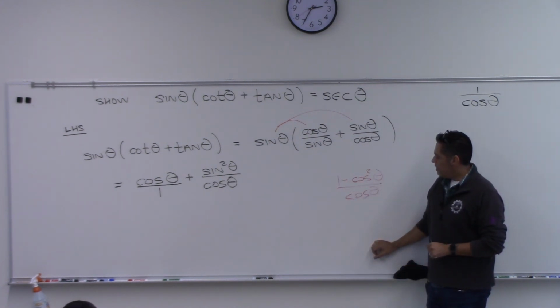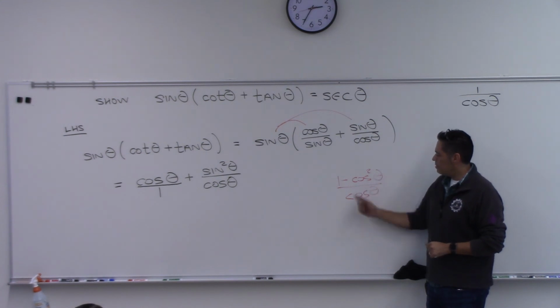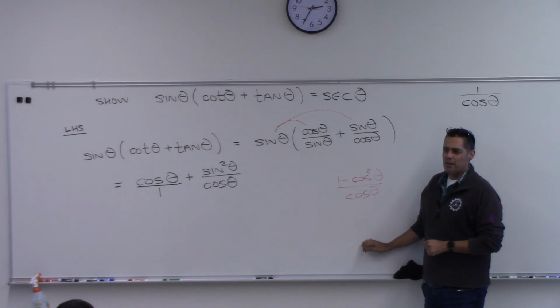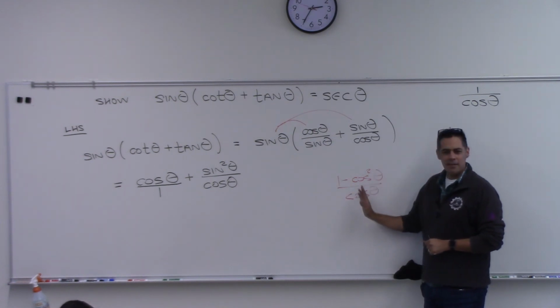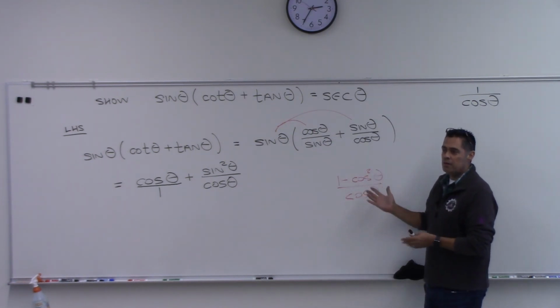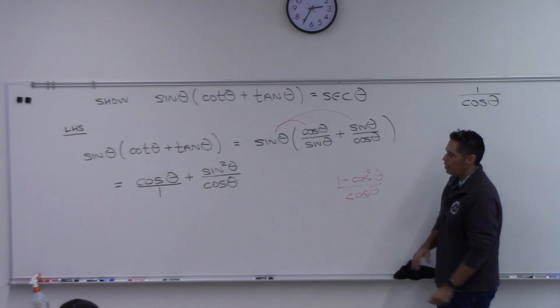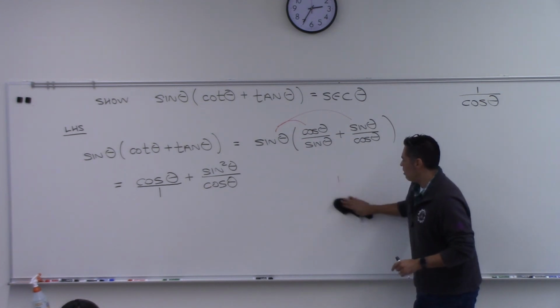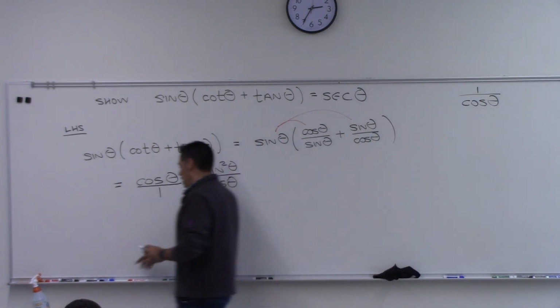I think you can't do anything here because there's a subtraction. I think we'd still have to get a common denominator here. I don't see anything clean this way. I guarantee it'll work, but it's probably going to be more work. So we might look at that again. Let's just go with the common denominator though.